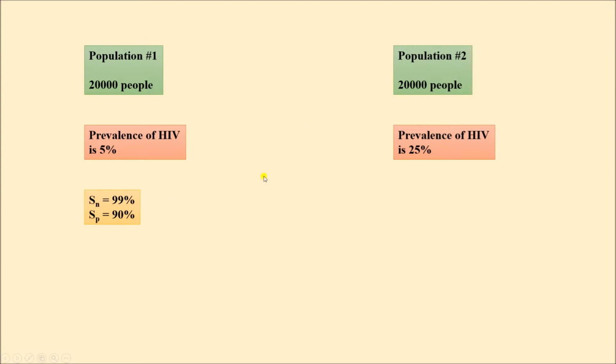In the first population, since we are going to apply the ELISA test, the sensitivity of the test is 99%, specificity is 90%, which we discussed in the previous slide. And also, in the second population, the same ELISA test will have 99% sensitivity and 90% specificity.